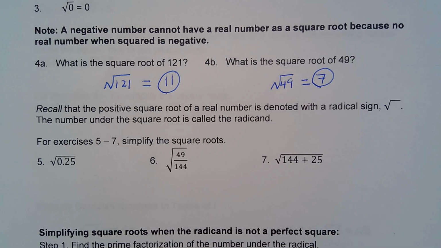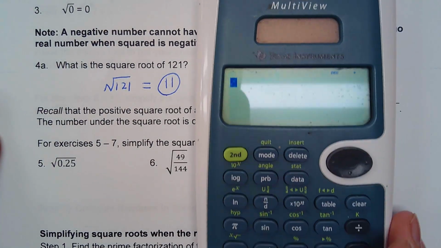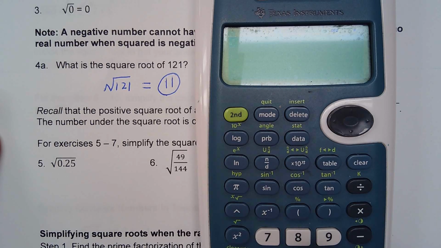So if you're not sure, you can always whip out your calculator. And we can go ahead and do the square root of 0.25. Hit enter, and we see that's 0.5.